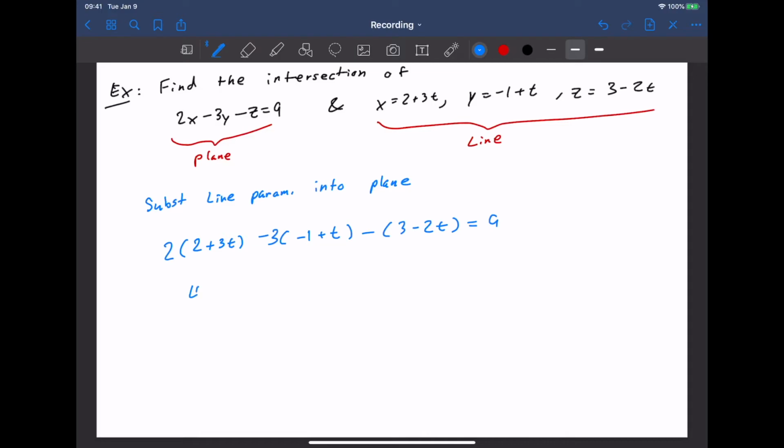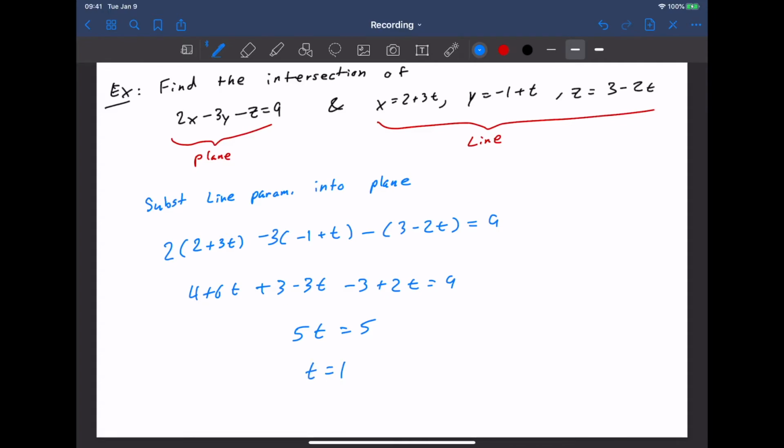So what we got? 4 plus 6t plus 3 minus 3t minus 3 plus 2t equals 9. 5t equals 5. T equals 1.